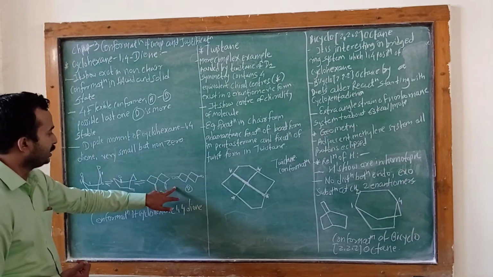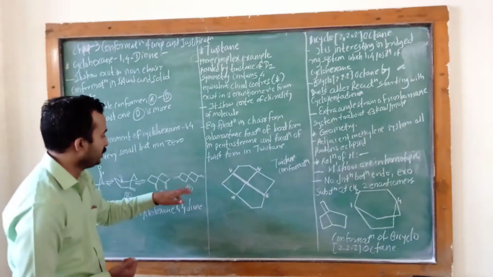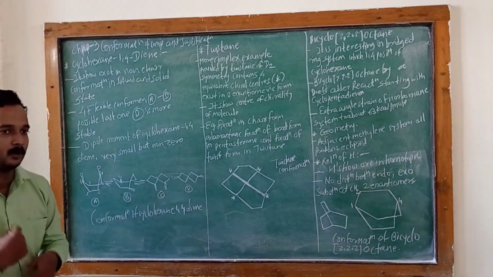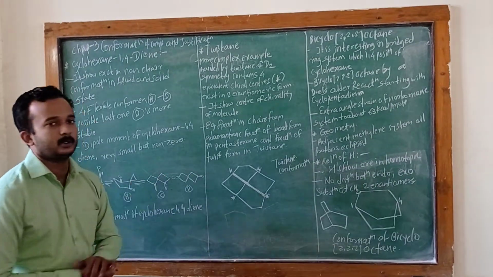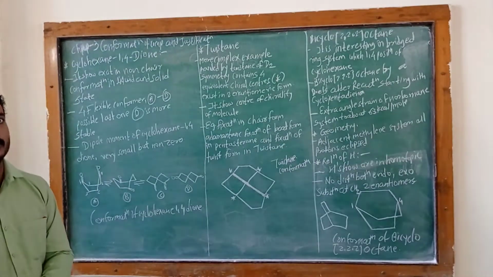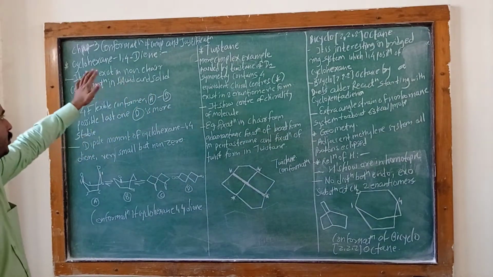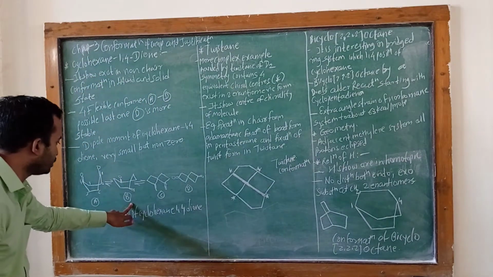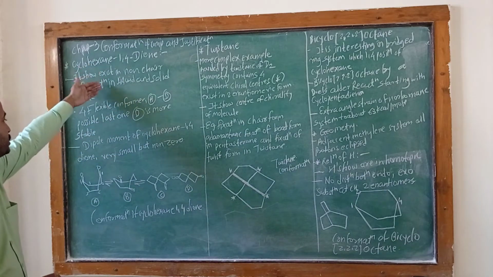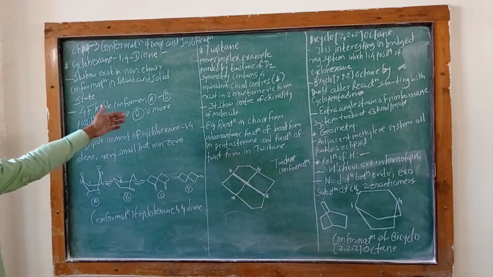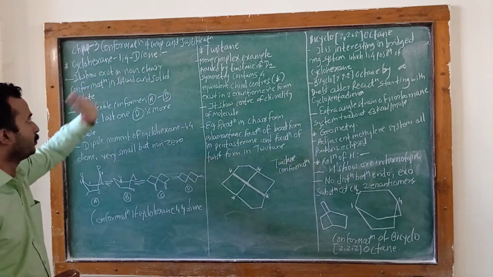And then it forms a carbonyl spiro compound in the equatorial position. This is all about cyclohexane 1,4-dione, its conformation and its justification. These three points are the justification of cyclohexane 1,4-dione.